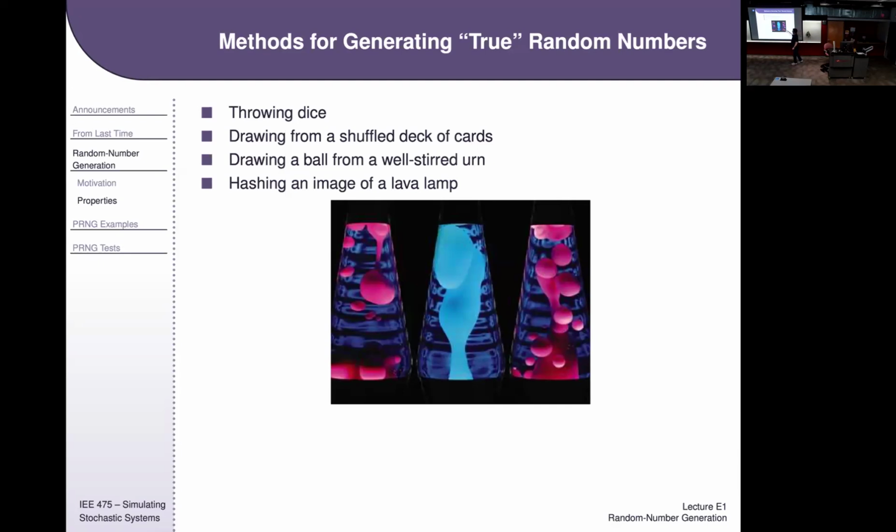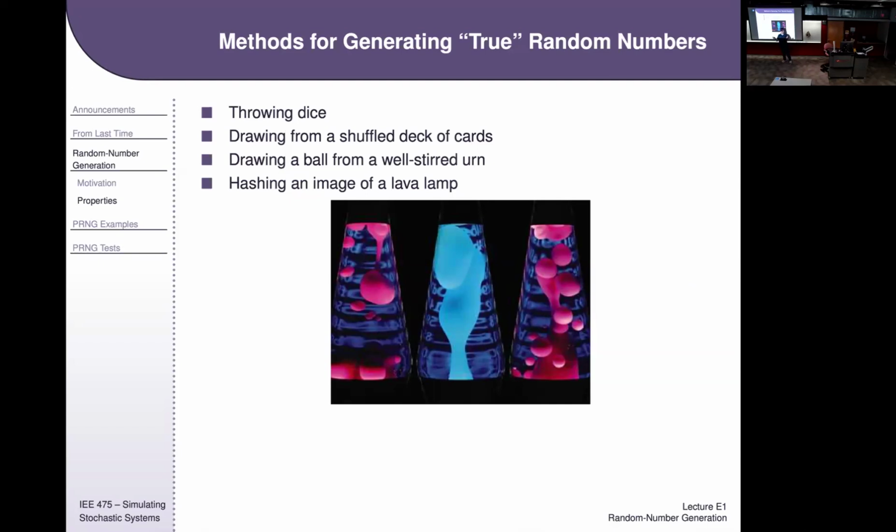Well, there are some people who aim a camera at a lava lamp, which has these interesting and unique patterns that are changing over time, and might change in color and in shape. They take that image and all those pixels, which are just going to be a bunch of numbers, and they run them through a function which maps all of those pixels to a single number, and that's referred to as a hash.